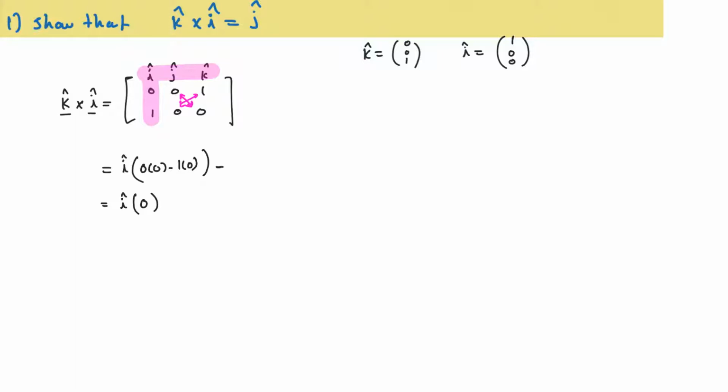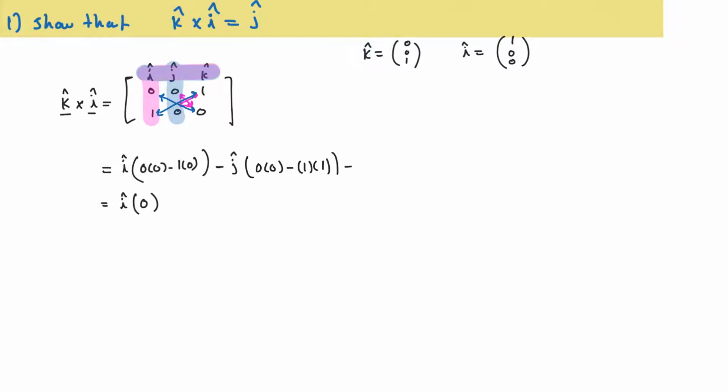After this, we're going to use minus unit vector j. I'll use blue for this. Now we cross out the top row as before and the column that has j in it, and we cross multiply 0 times 0 and subtract 1 times 1. So it will be 0 times 0 minus 1 times 1.